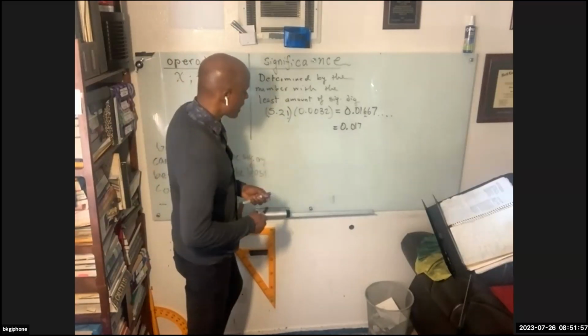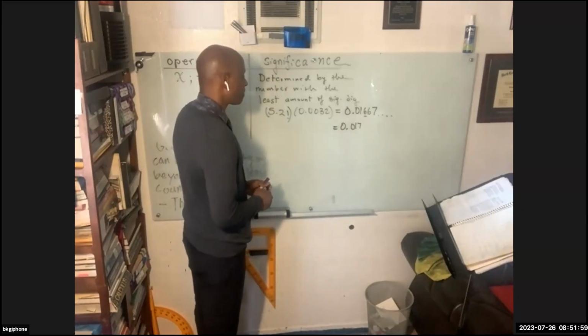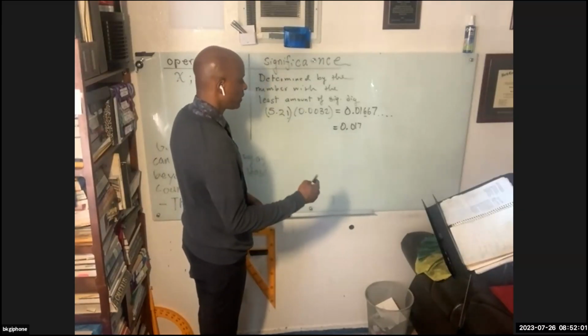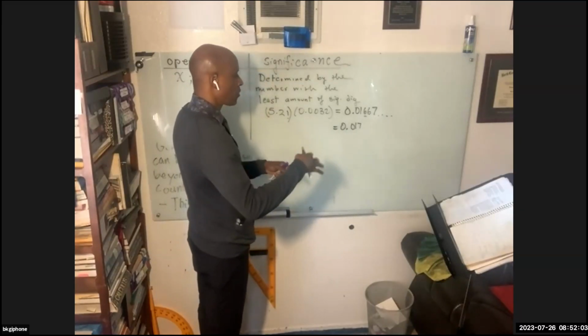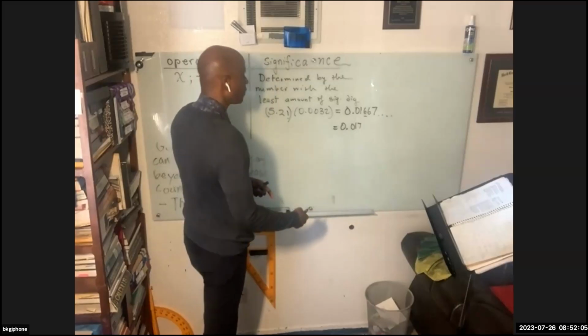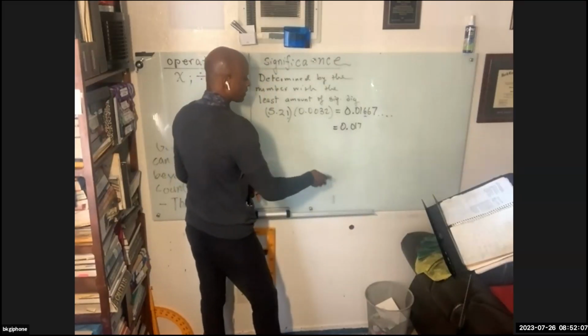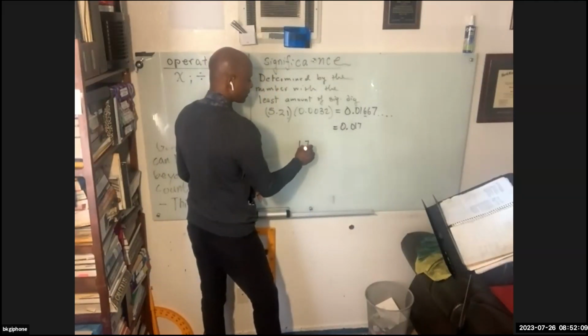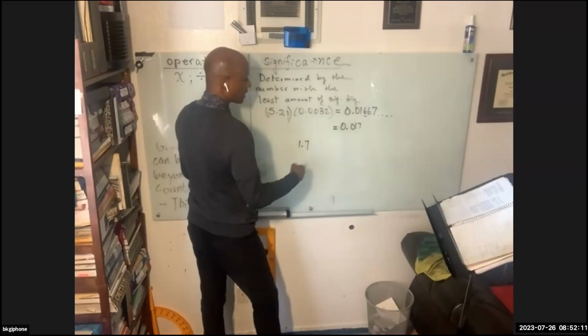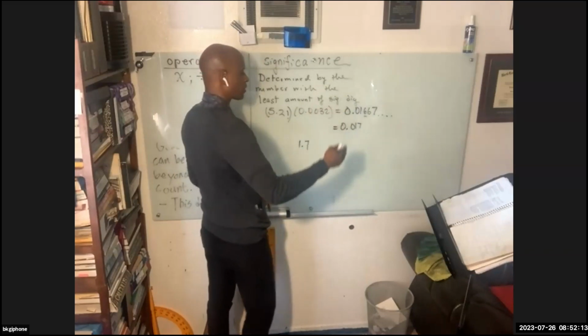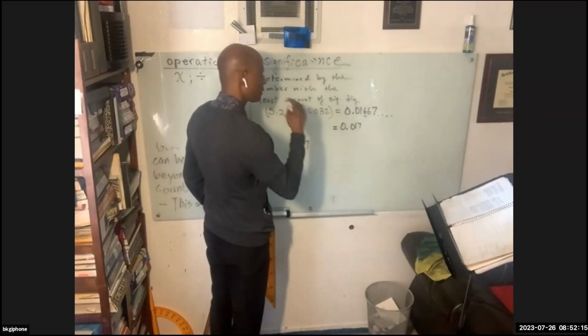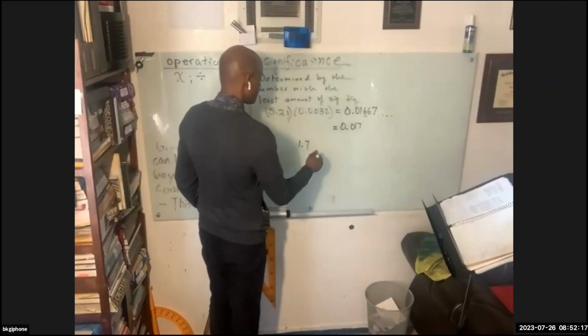And the rule is that you have an argument, and the argument is the value that you're multiplying the base 10 by. So the way that I would write that is 1.7, and of course, when the decimal moves to the left, the exponent on the base 10 is negative.